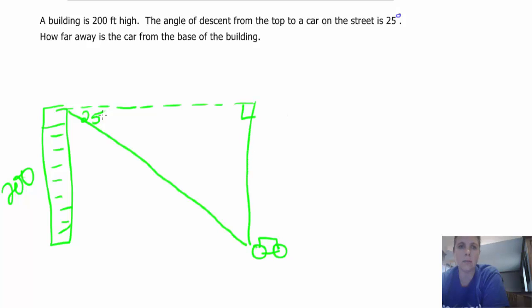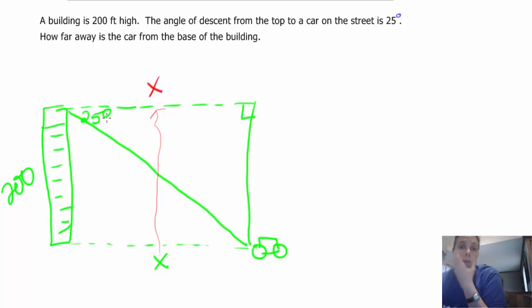Okay. How far away is the car from the base of the building? So again, we're looking for this. Well, let's do that. Which, remember, since we're dealing with right angles, it's the same as this. Now what you could do is subtract 90 minus 25, and you should get the same angle here, and you can do it that way. You should get the same answer.